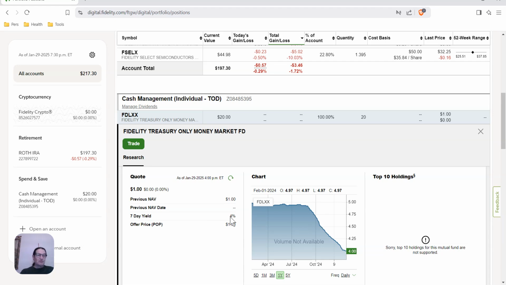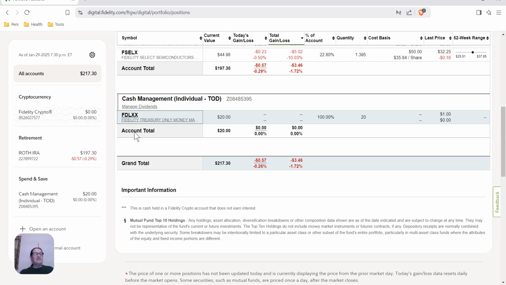In fact, I'm going to prove to you it's even more in reality, because FDLXX is what they call a SALT investment. SALT stands for state and local tax exempt.